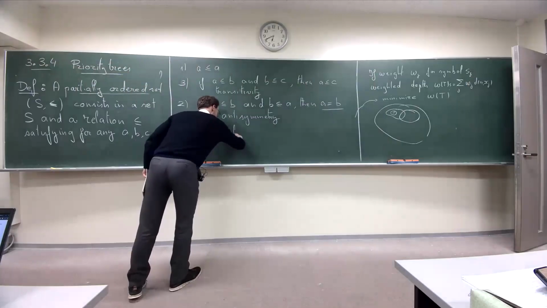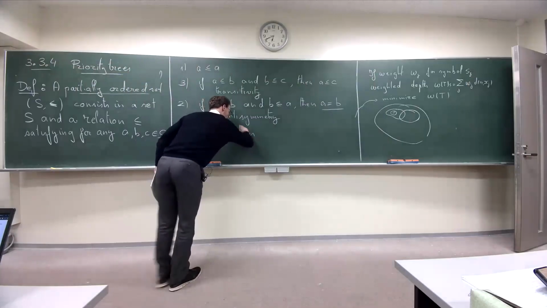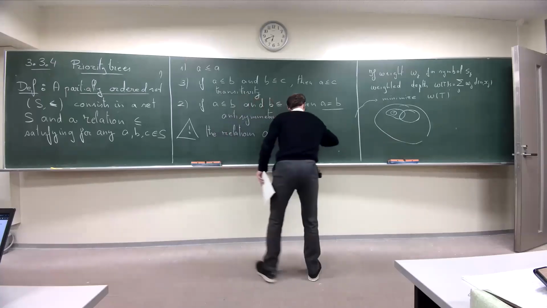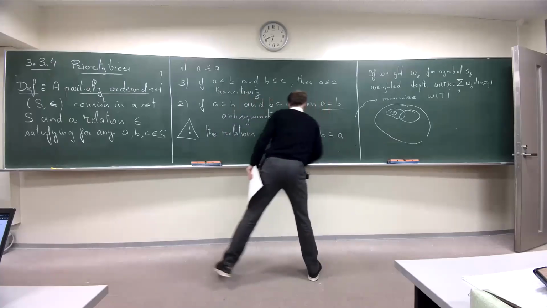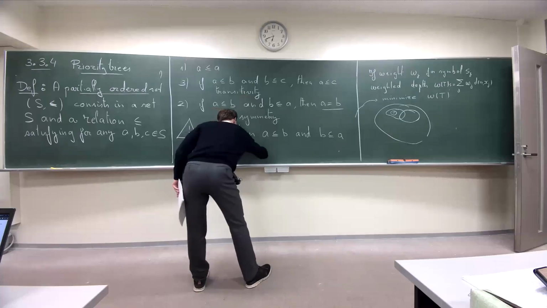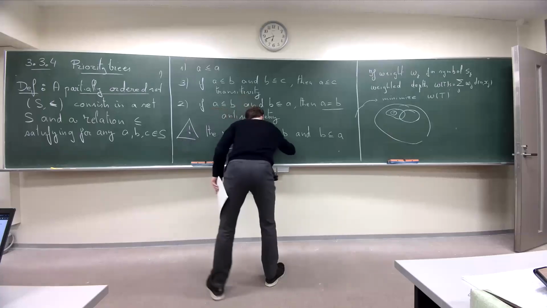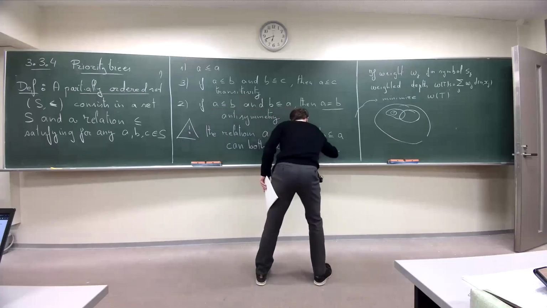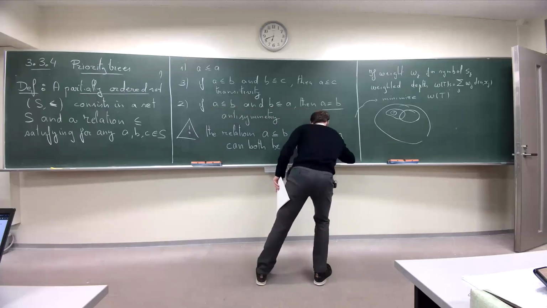I want to emphasize that the relations A smaller or equal to B and B smaller or equal to A can both be not true.